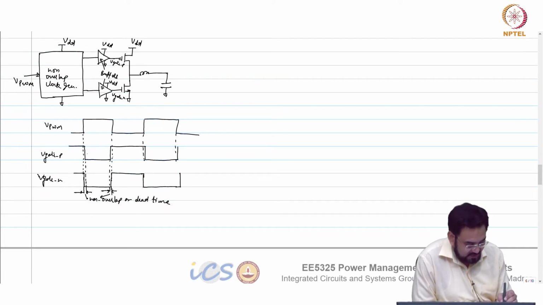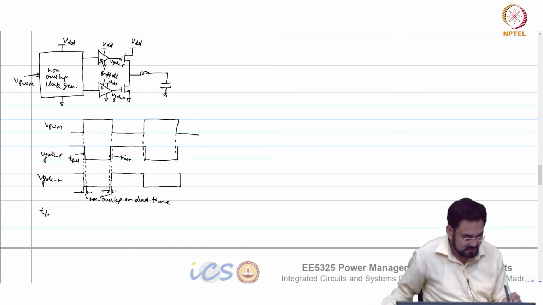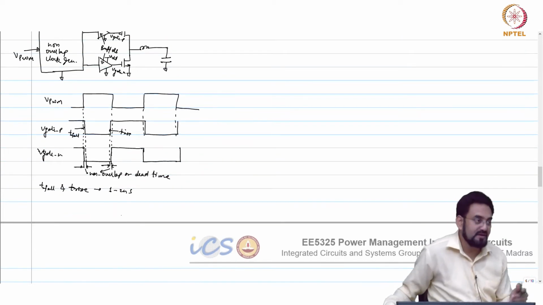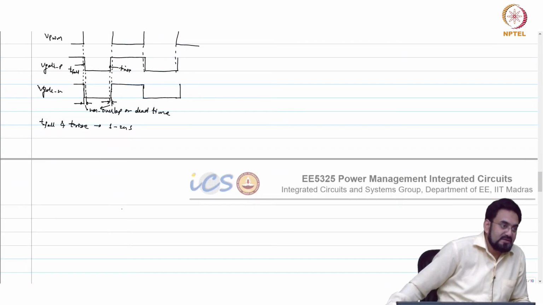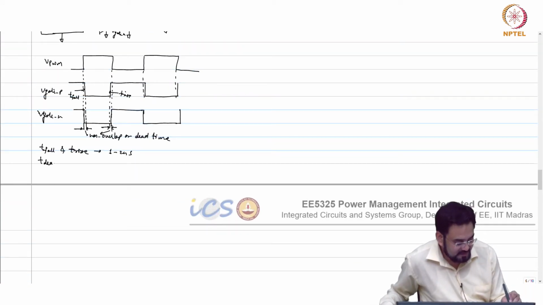If we talk about T fall and T rise, they are usually on the order of 1 to 2 nanosecond if you are looking at a 10 megahertz kind of frequency. Okay, you cannot afford very large. And your T dead is also 1 to 2 nanosecond.